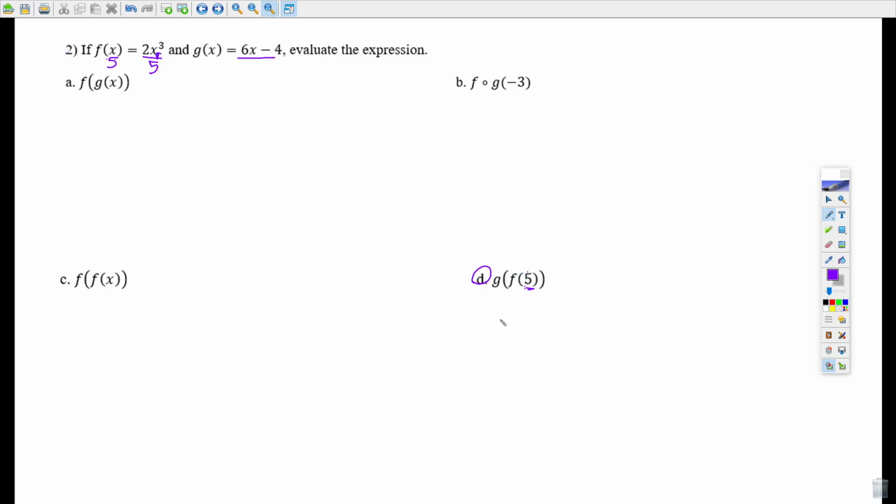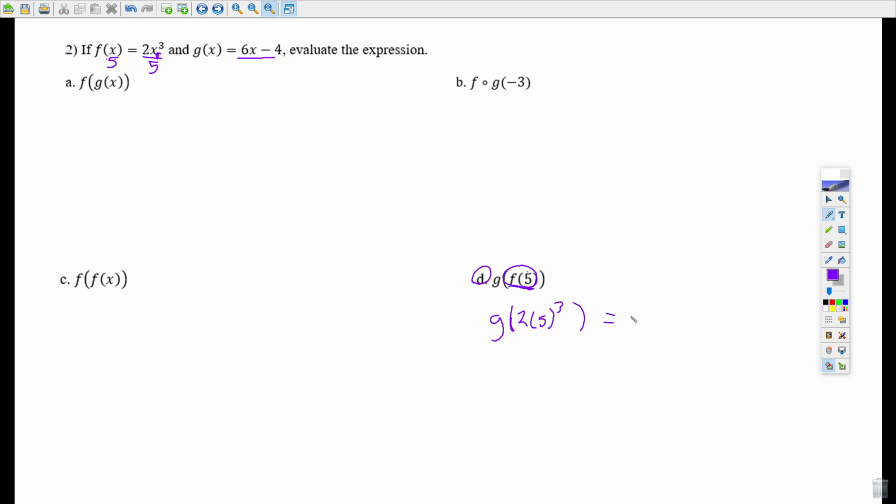So inside of this, we're going to leave it as g of, give myself some space. This gets replaced with what it's equal to, 2x to the third. So it's 2, not x to the third, but 2 times 5 to the third. And then you evaluate what's inside.